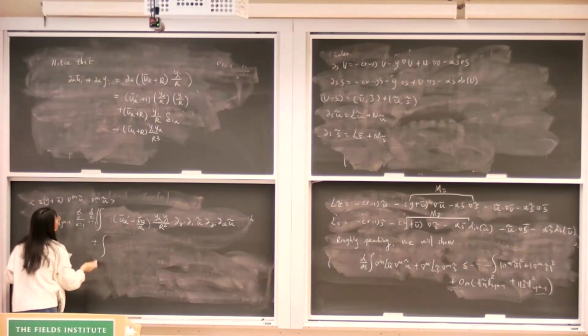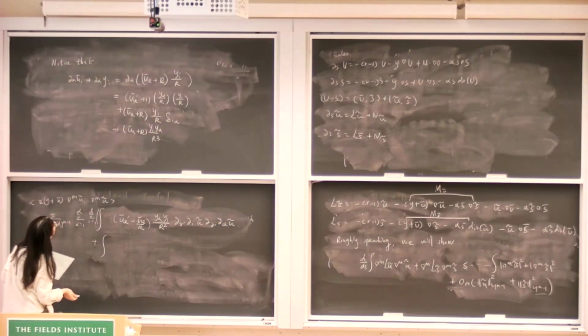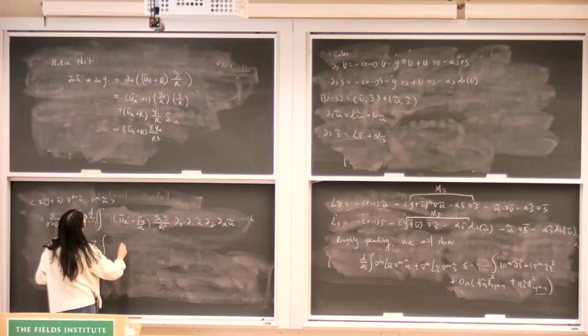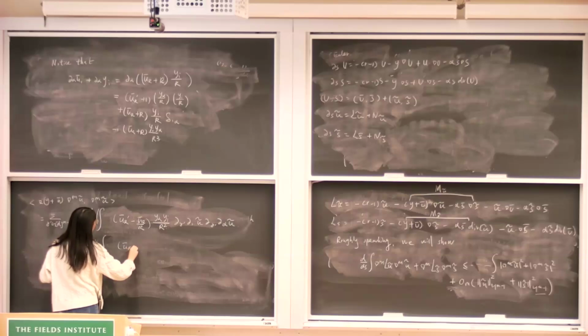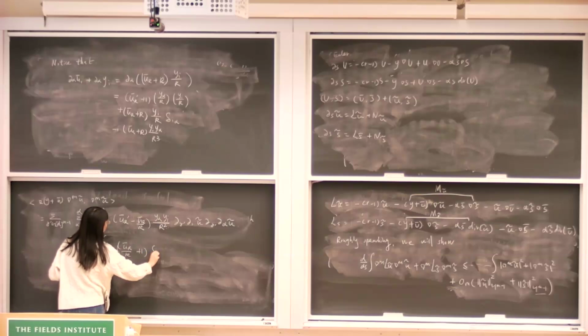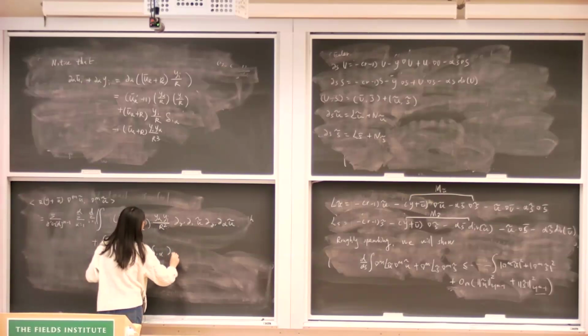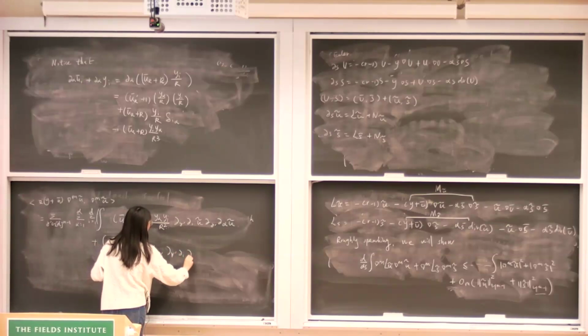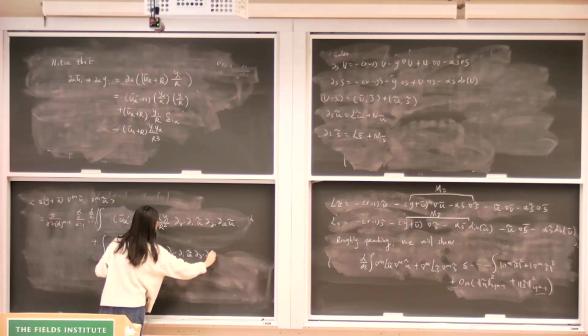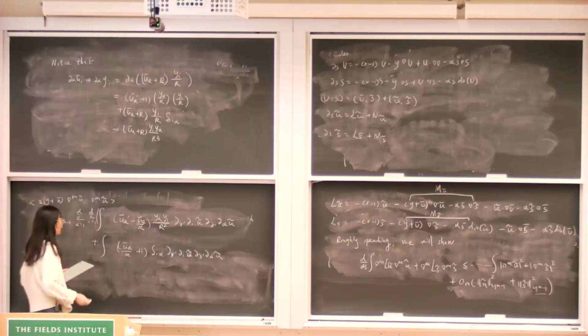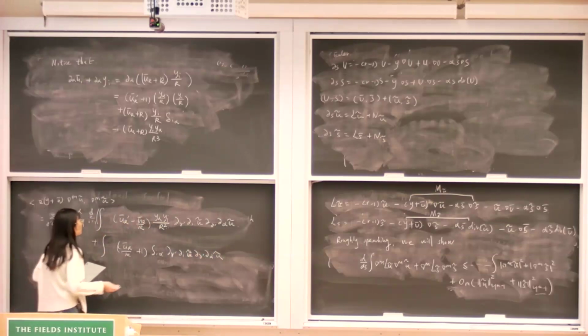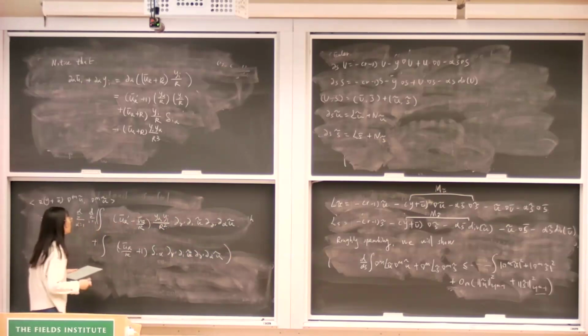And the second term will be UR over R plus 1. So that's our two terms, and now we simplify.